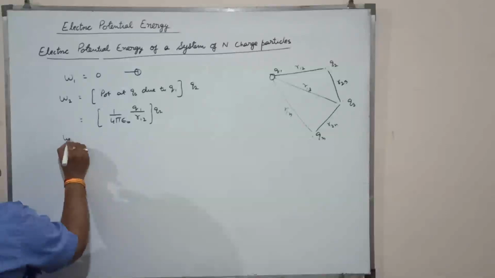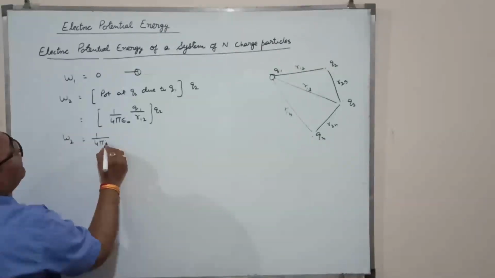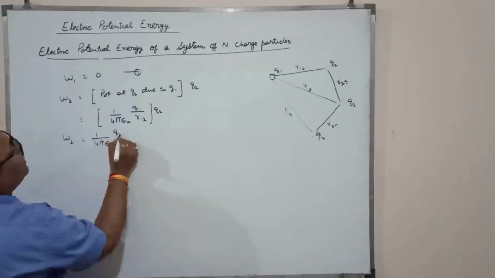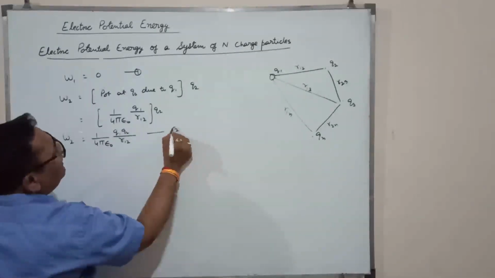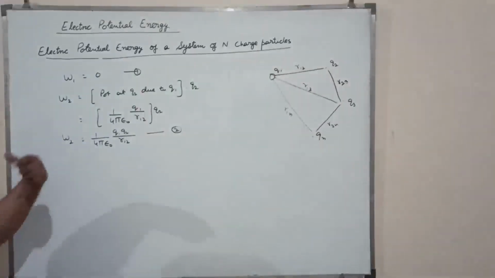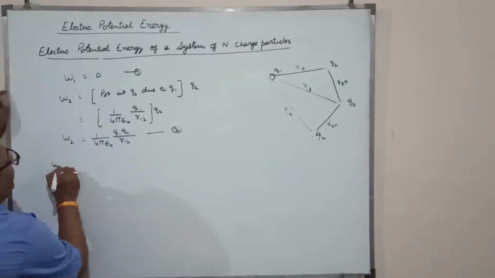That is, W2 is equal to 1 upon 4 pi epsilon 0 Q1 Q2 upon R12. This is equation 2. Similarly, now bring the Q3 charged particle to its respective position.